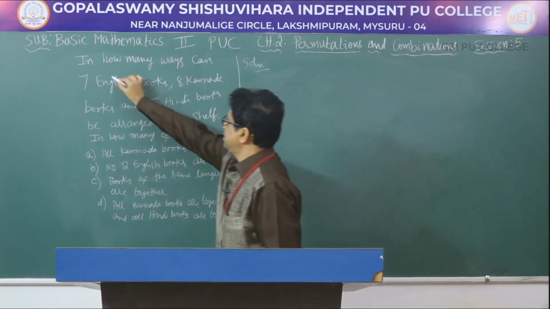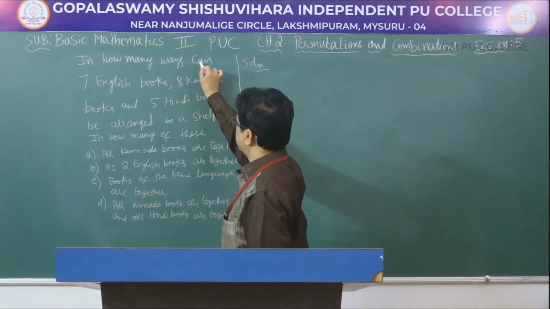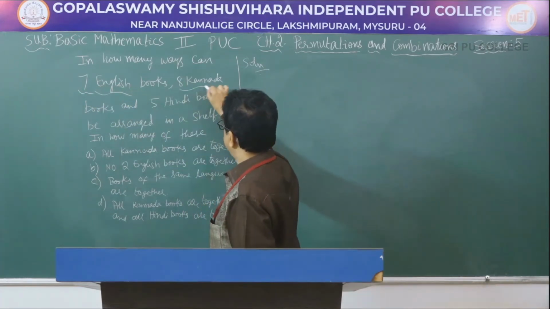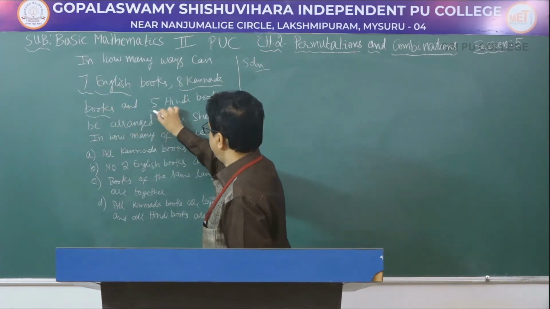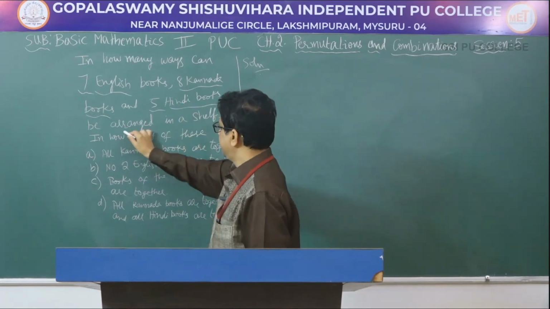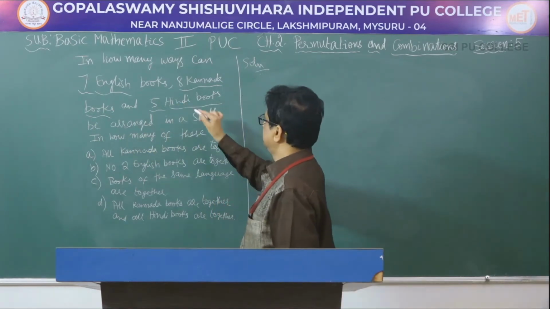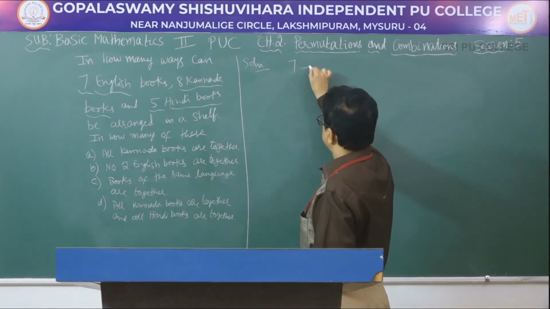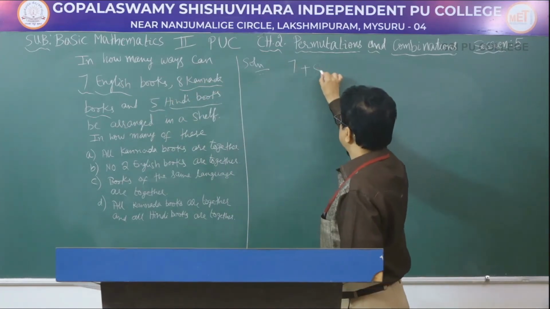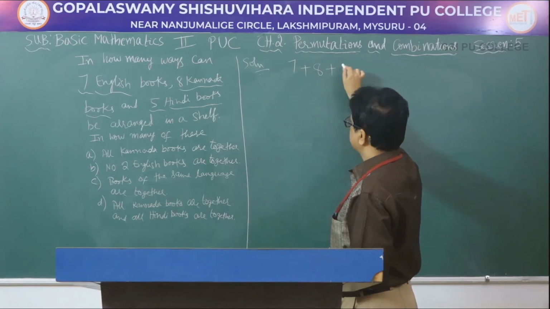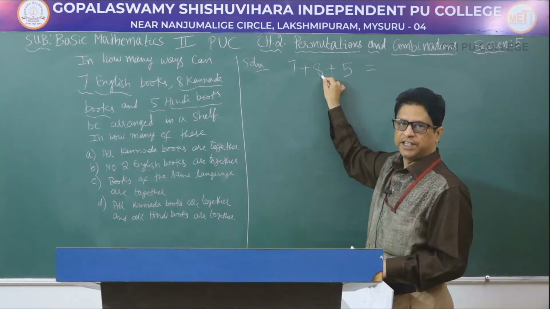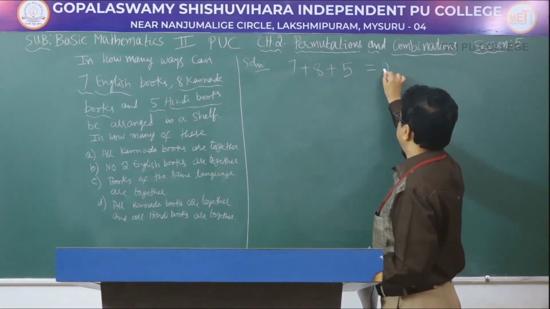So, your first part is, in how many ways can 7 English books, 8 Kannada books and 5 Hindi books be arranged in a shelf? There are 7 English books plus 8 Kannada books plus 5 Hindi books. So, 7 plus 8 is 15, 15 plus 5 is 20.